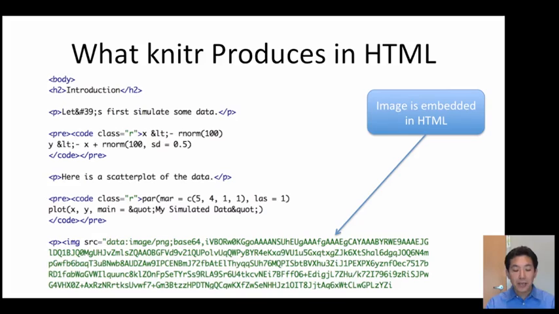So you can see this is a base64 encoded image, and so actually this HTML file stands alone. It doesn't depend on any external image files, which is not necessarily the most efficient format, but it's actually quite useful because then you could take this HTML file, give it to someone else, and they don't have to worry about whether they have these other files or not, because everything's embedded.